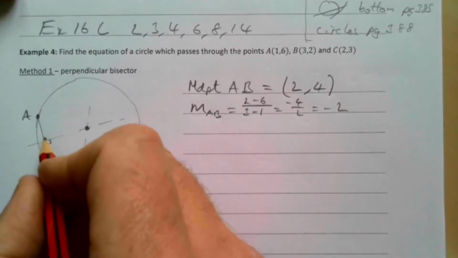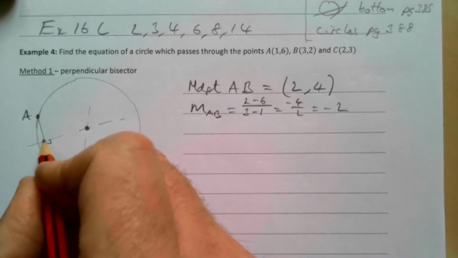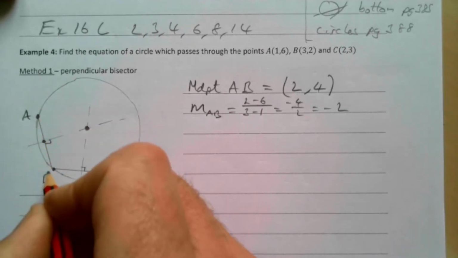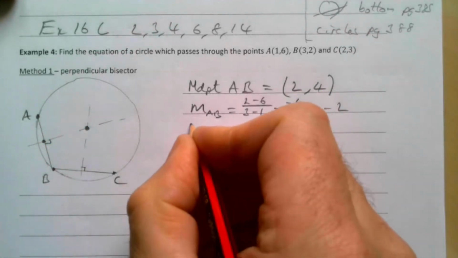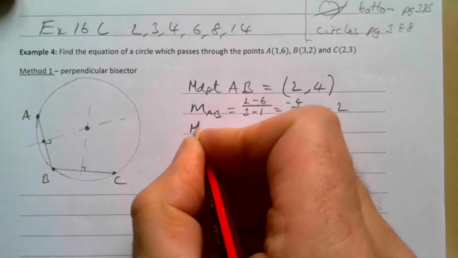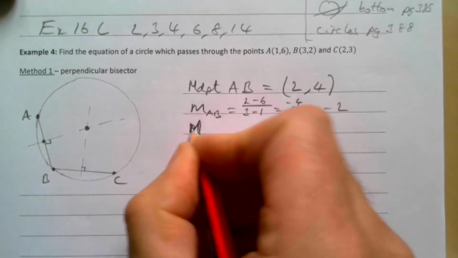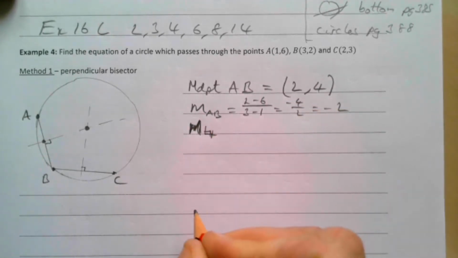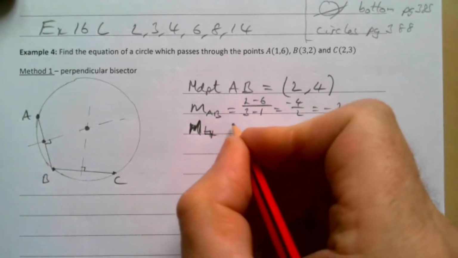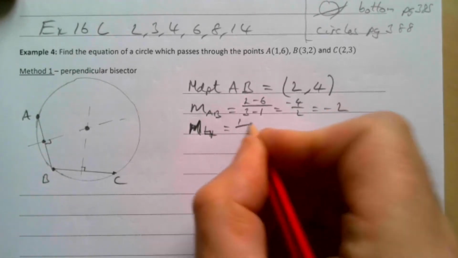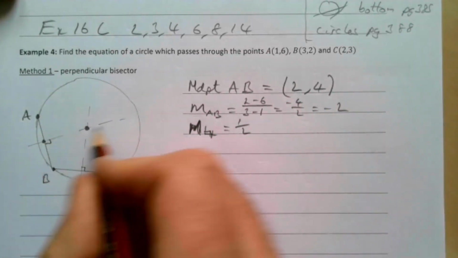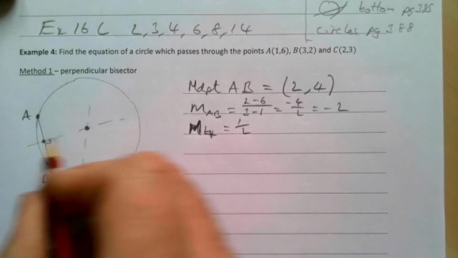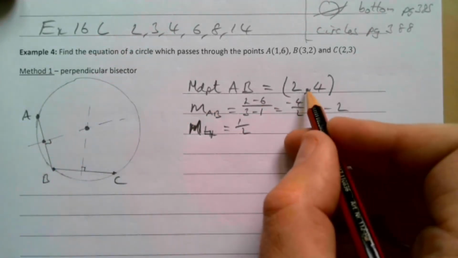So here is my AB. I know this point here is (2, 4), and I know the gradient of this is minus 2. That means the gradient of the perpendicular bisector, so it's supposed to be a wee right angle, then must be a half. So I know the gradient of this line is a half, and I know it goes through the point (2, 4).